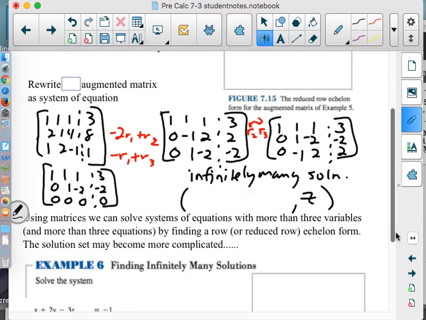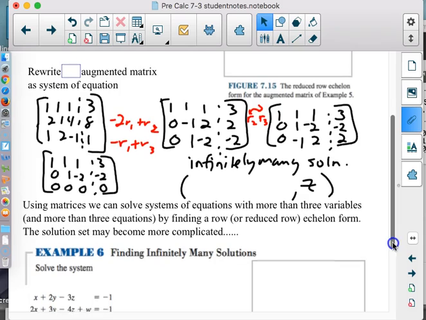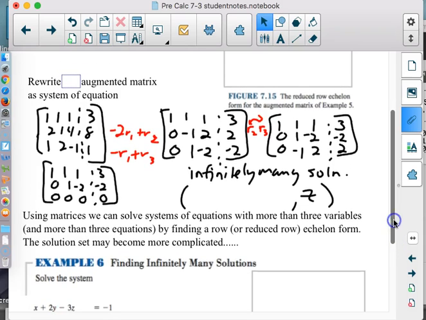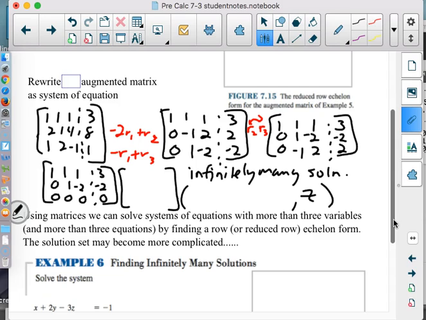Well, I think we could do a little back substitution. If we take a negative 1 times row 2 and add it to row 1, things should get a little bit easier.